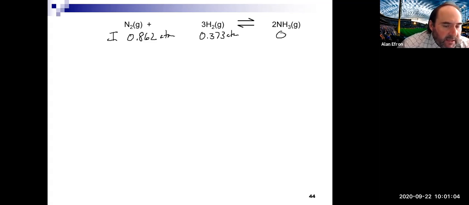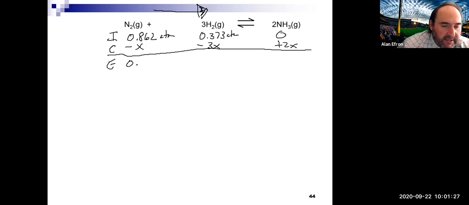Since it is 0 on the product side, it's safe to assume the reaction is heading toward the product side, so our reactants should get smaller. The change is minus x, minus 3x, and plus 2x. That means at equilibrium we have 0.862 minus x, 0.373 minus 3x, and 2x.